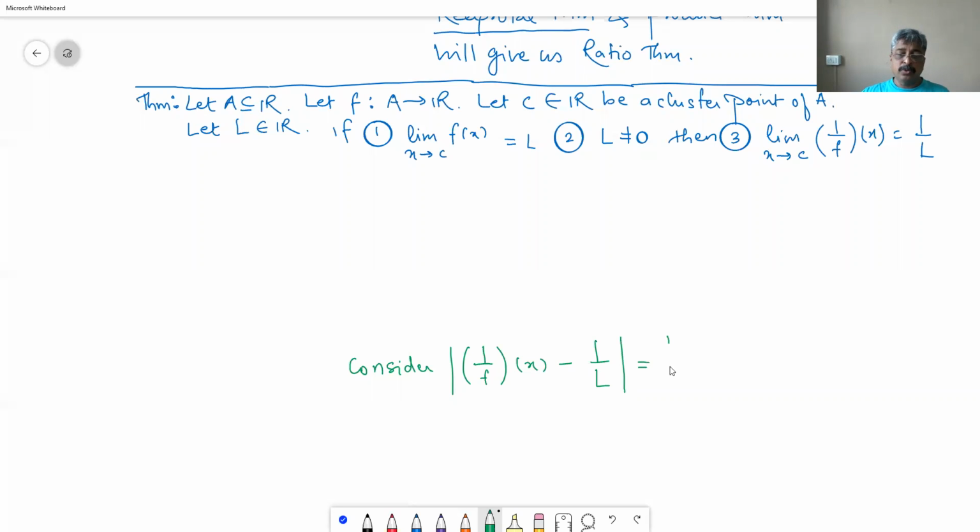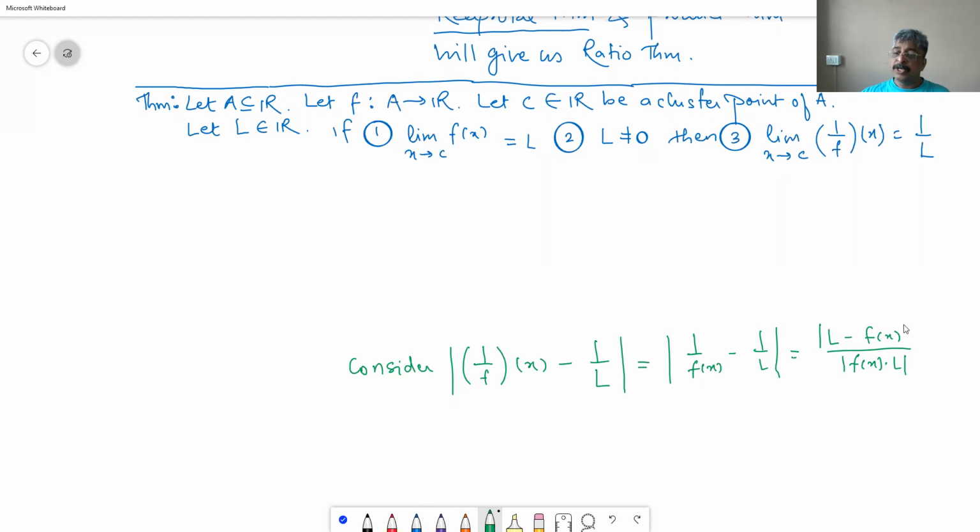This is equal to 1 upon f of x minus 1 upon L by definition. This is equal to the absolute value of L minus f of x upon the absolute value of f of x into L.